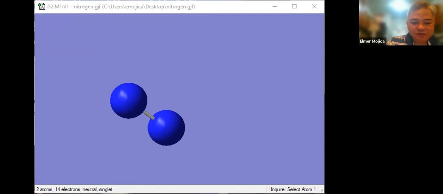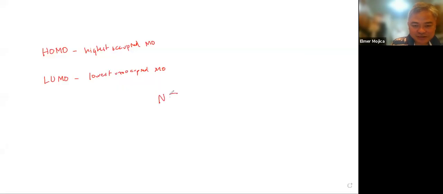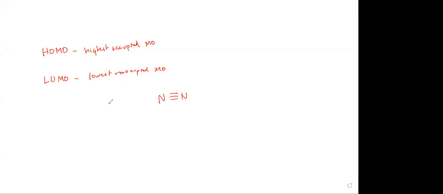So if you're going to look at the nitrogen, okay, titingnan mo yung kanyang structure. As you could see, it's just like this one, right? So if you're going to look at that case, you could say that it is only Raman active, okay?